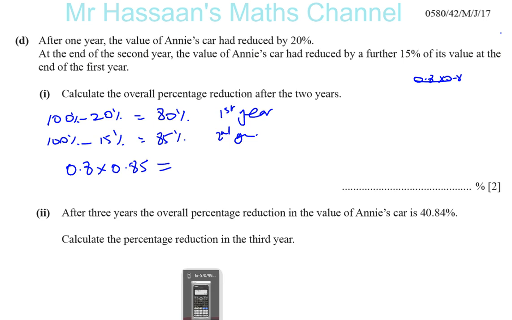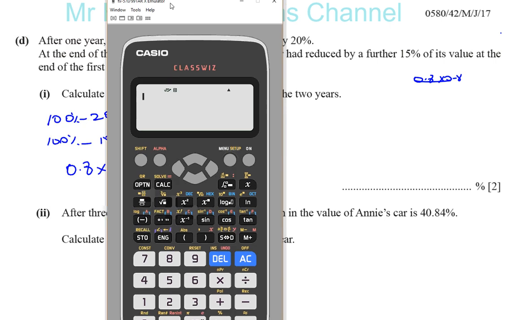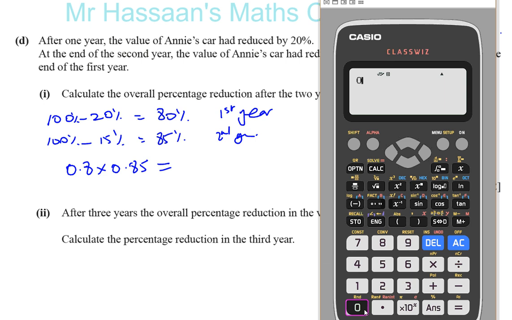So you can take your calculator and you can do 0.8 multiplied by 0.85, which gives us 17 over 25, which is 0.68.